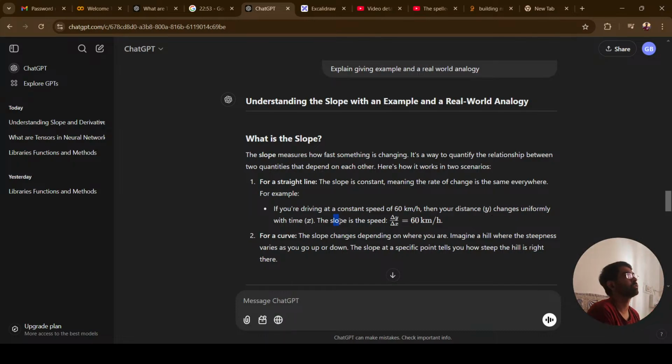Agreed. Let's say I'm driving for 30 minutes on a 100-kilometer road, traveling at the same constant speed of 60 kilometers per hour.